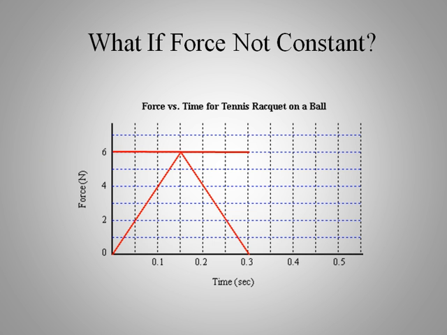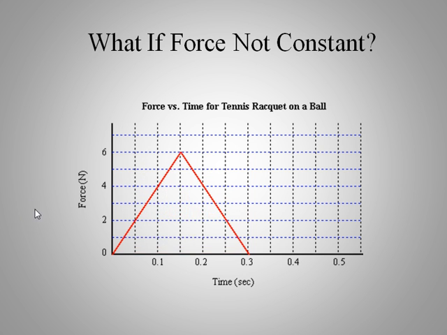If we had a constant force, say up here at 6, force times time would give us impulse. Force times time in this graph is the area under it. So for this whole rectangle, we would have an area of 6 times 0.3, which gives us 1.8 newton seconds. That would be the impulse under that top line, constant force.